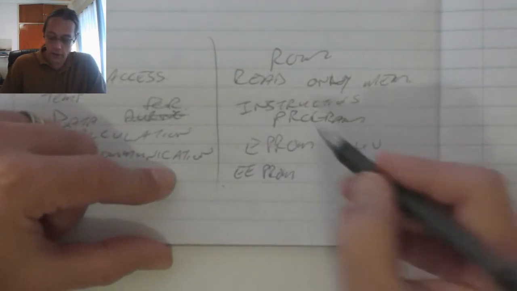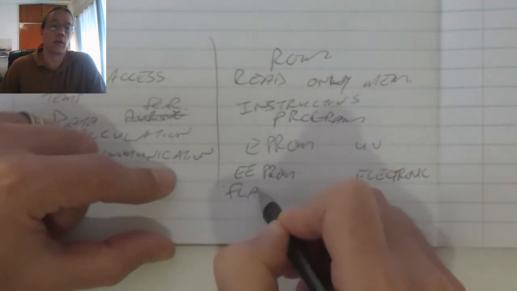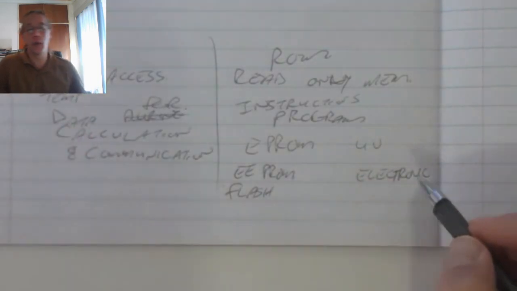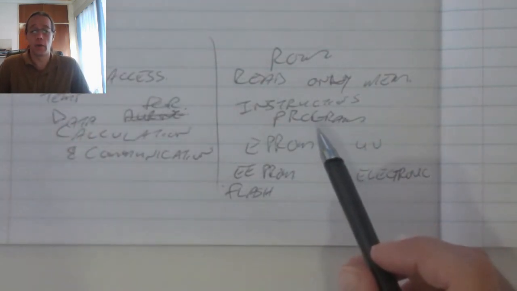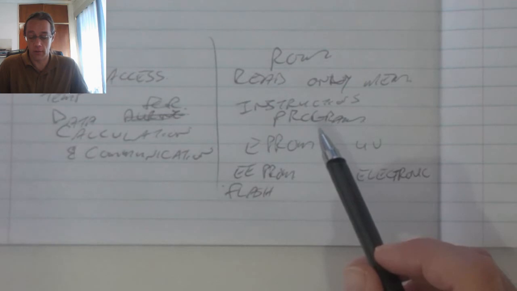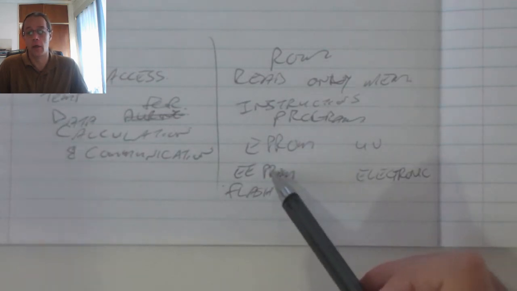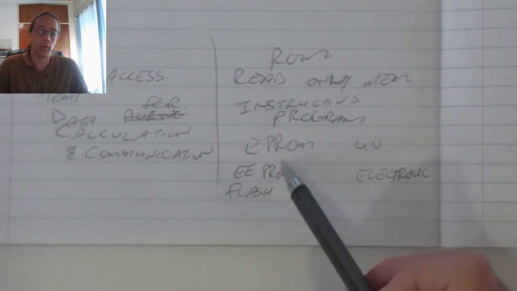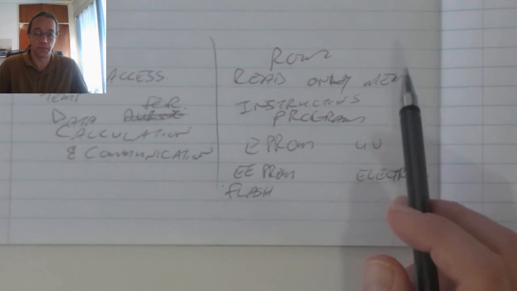And then finally is your flash ROM, which is similar to the EEPROM. It is faster to reprogram. EEPROM has a shorter lifespan compared to the EPROM and the flash.